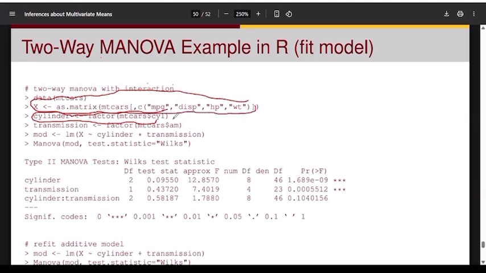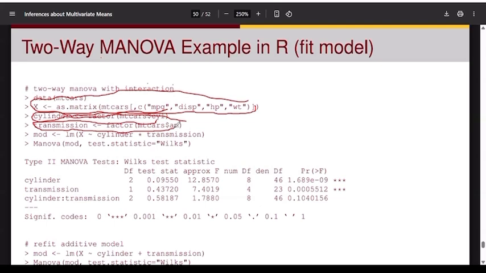But right now, we are adding another factor called transmission. What is the effect of transmission? Of course, everybody knows in a car we have transmission, right? What is the effect of transmission and cylinder on the MPG of a car, the fuel efficiency, and so on? Okay.